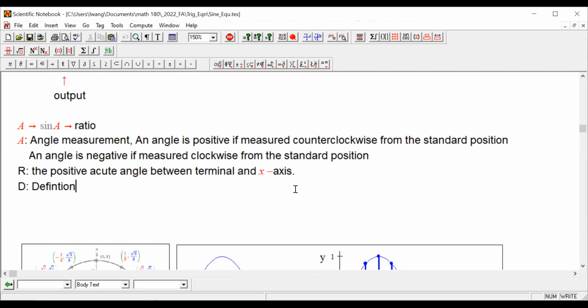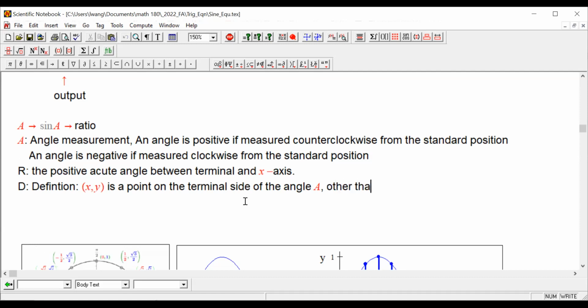First of all, we specify a point (x, y), which means any point on the terminal side of the angle A. And what else is required of this point?